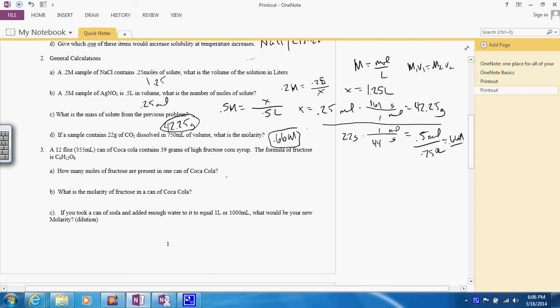Alright, we got a 12 fluid ounce can, 355 milliliters. A can of Coca-Cola contains 39 grams of high fructose corn syrup. The formula of high fructose corn syrup is C6H12O6. How many moles of high fructose corn syrup are there? So, first thing, add up the molar mass, and you'll find that this is 180 grams per mole.